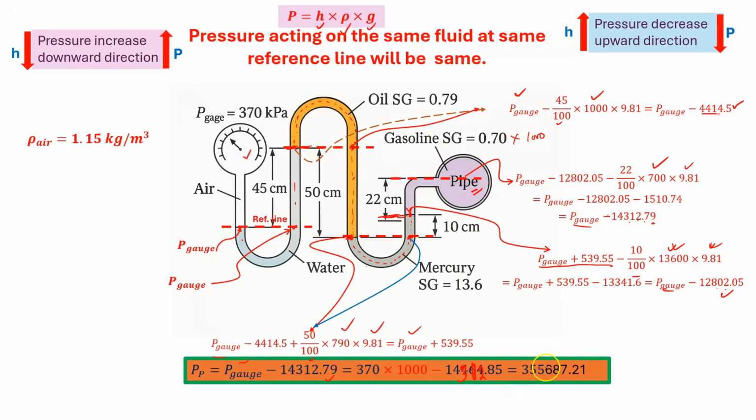So it will be roughly 355,687.21. Ultimately PP will be 355.7 kilopascal. So the pressure in the pipeline is 355.7 kilopascal.